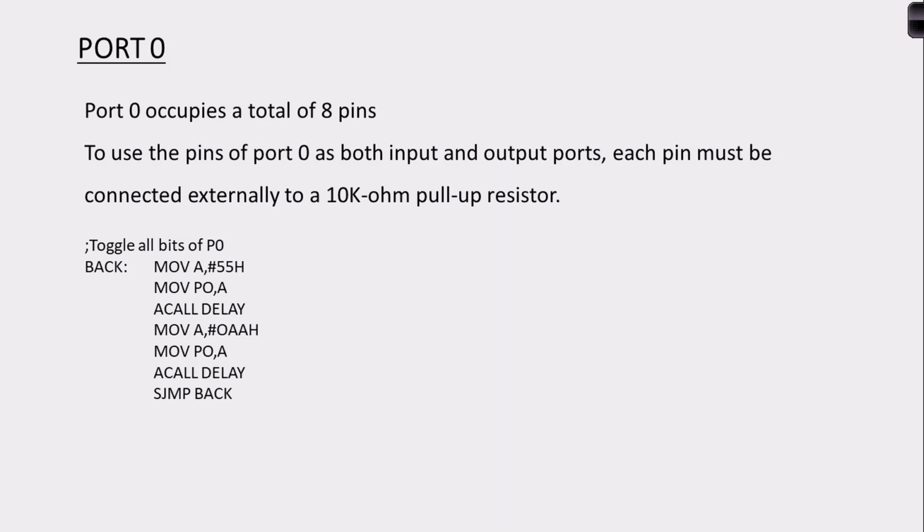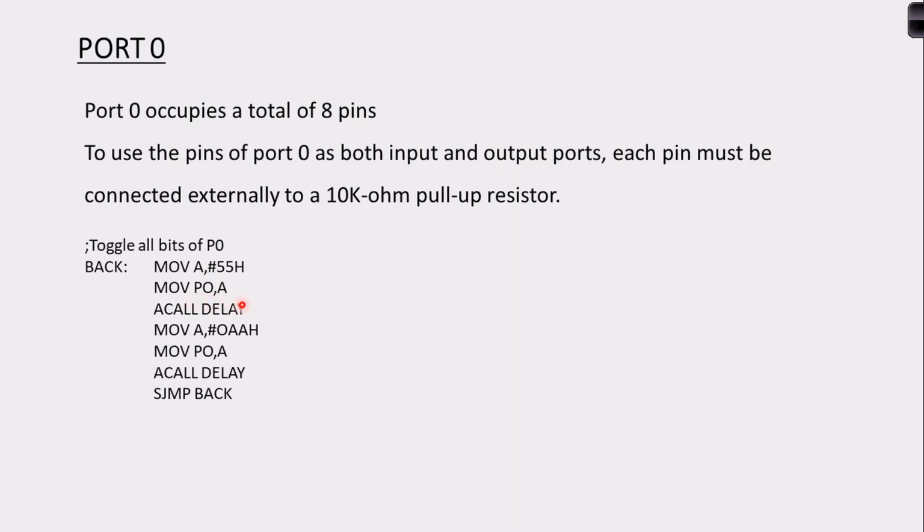Here if you look at this particular program, usually by reset or by default, all the ports will be input ports. That means all the bits of the ports will be loaded with logic 1. Now I have loaded the accumulator with 55 hexa, and then I move the same 55 hexa to port 0.